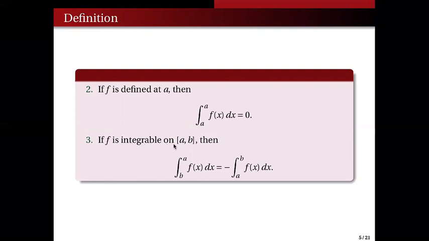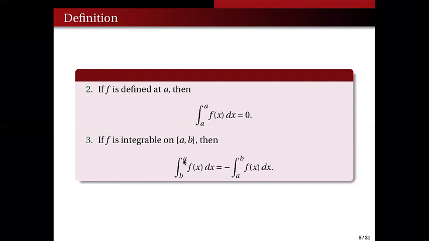If f is integrable on the interval [a, b], then the integral of f of x dx from b to a is equal to the negative of the integral of f of x dx from a to b. What does this mean?